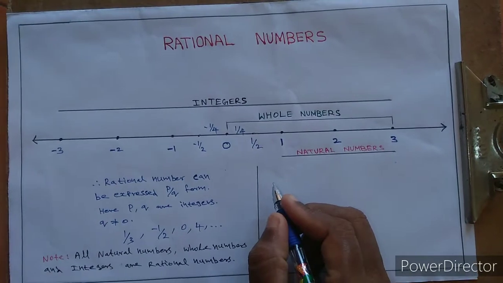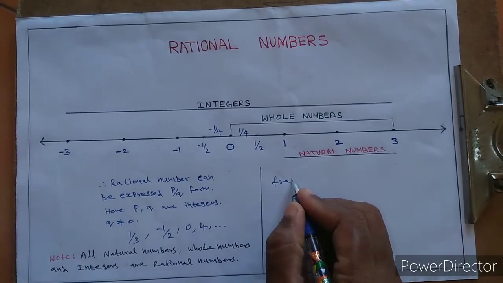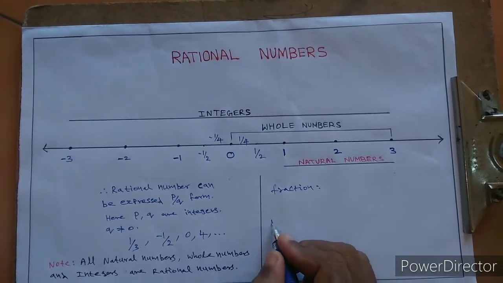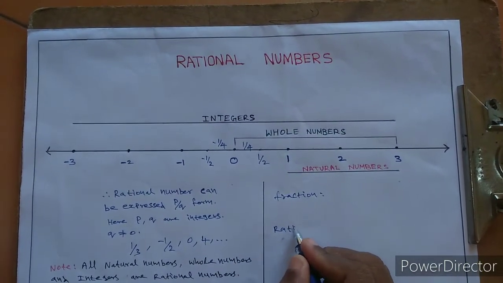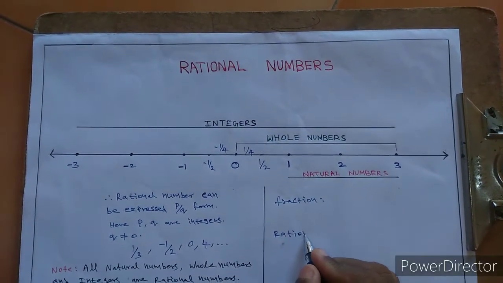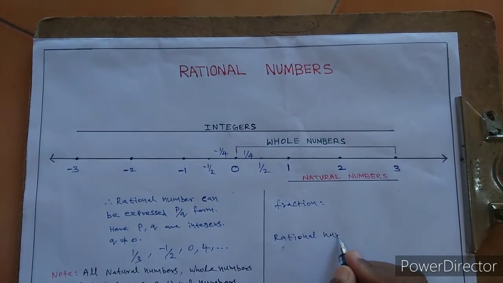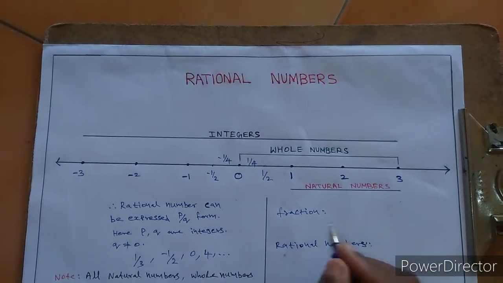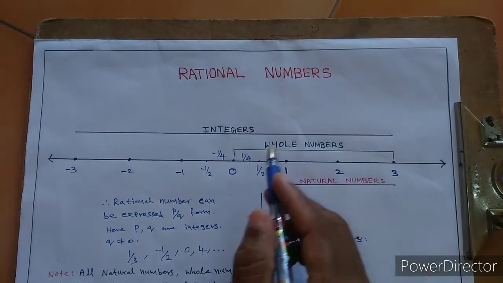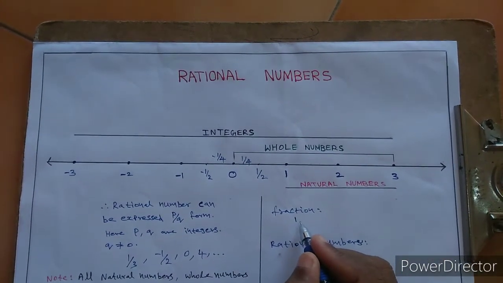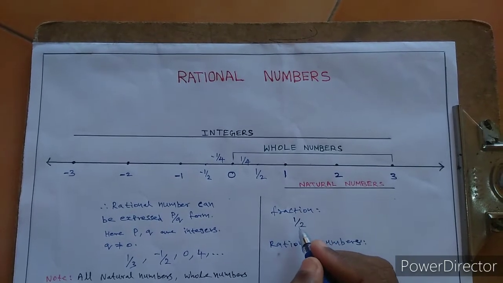What is the difference between fraction and rational numbers? In a fraction, we are using only whole numbers. For example, 1 is a whole number, 2 is also a whole number, so 1 by 2.